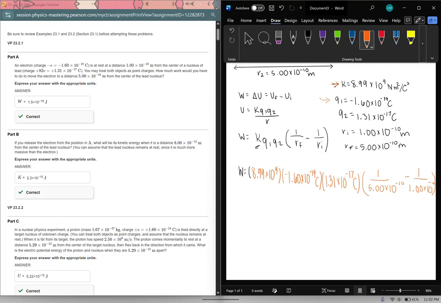Okay, now we're going to solve it. I know I'm going to use the calculator, but I'm going to do each step while using the calculator.